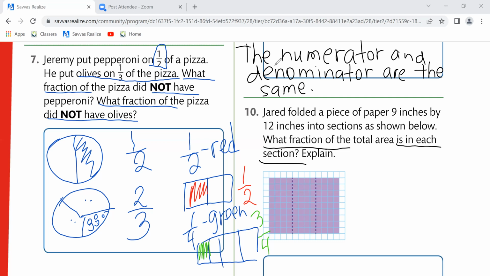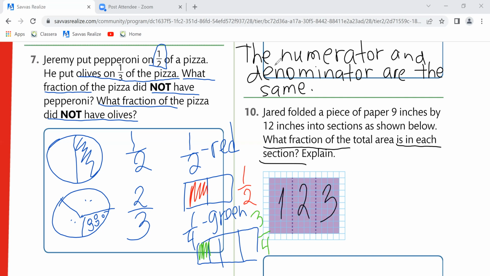What are you counting? I have a question. Do you need to count something? Fraction about one part. Tell me. How many parts do we have here? 3. 1, 2, 3.